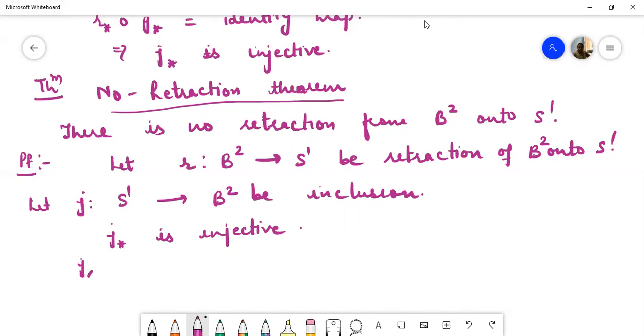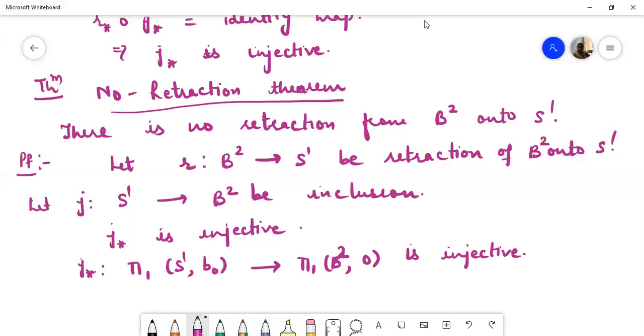That means the mapping J star, which is from the fundamental group of S1, with say the point b0, to the fundamental group of B2 with respect to the same point b0, is an injective map, because J star is the homomorphism induced by J.